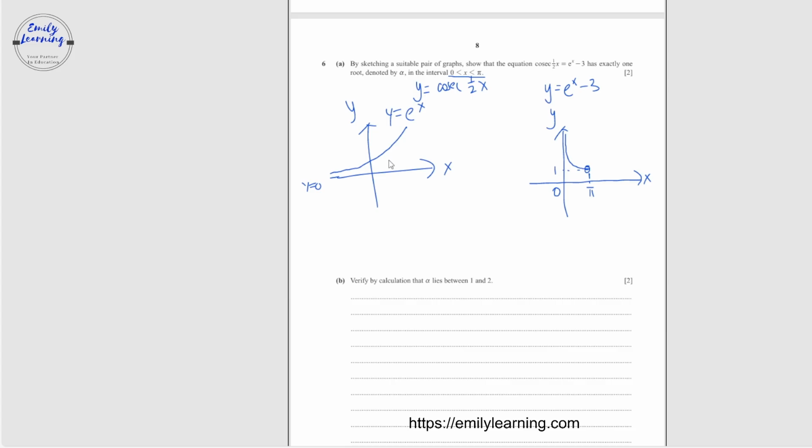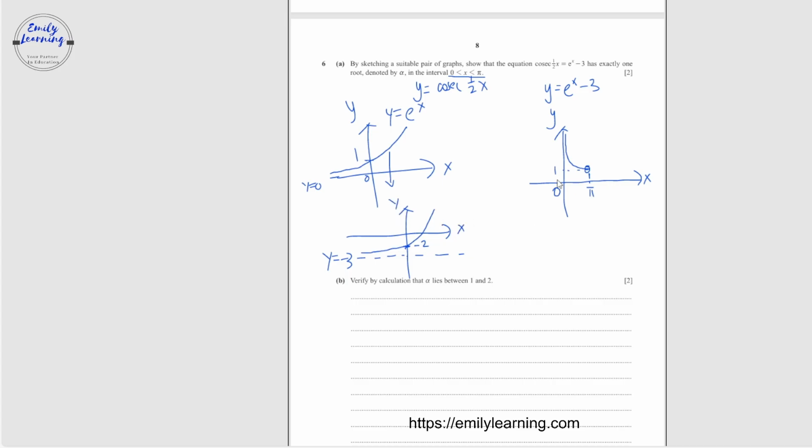We are going to translate this graph down by 3 units. So in other words, instead of the asymptote being at y equals 0, it's now at y equals minus 3. This point here, when x is 0, here is 1. So now it intersects the y-axis at minus 2, and this is something that you get.